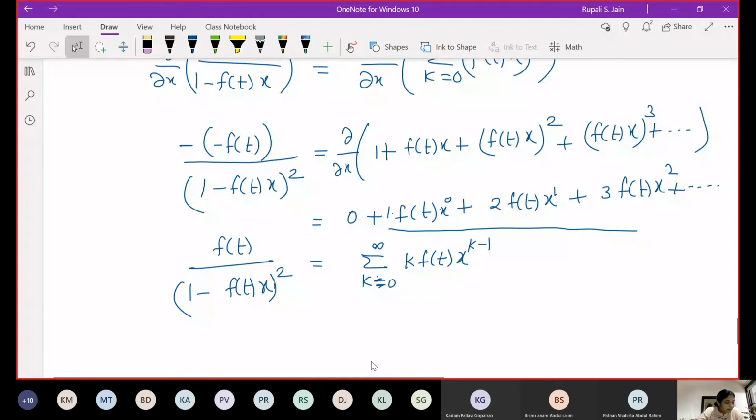So can I write that k f(t) raised to k x raised to k, summation 0 to infinity?